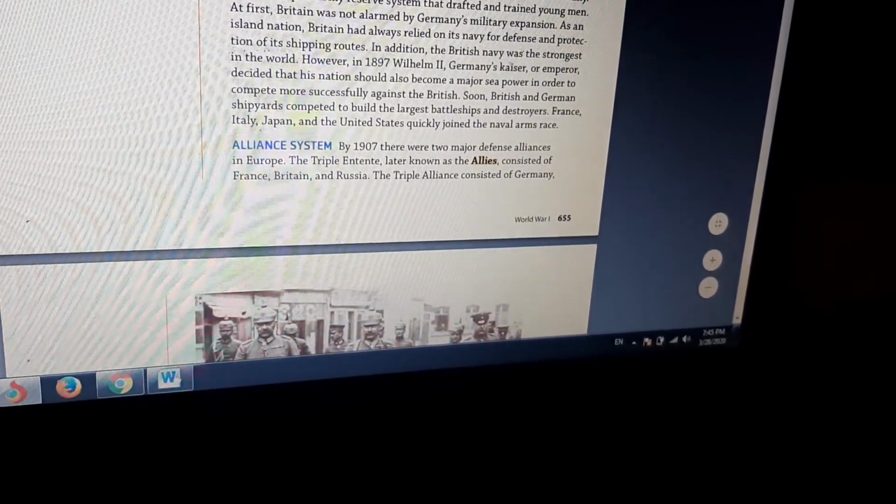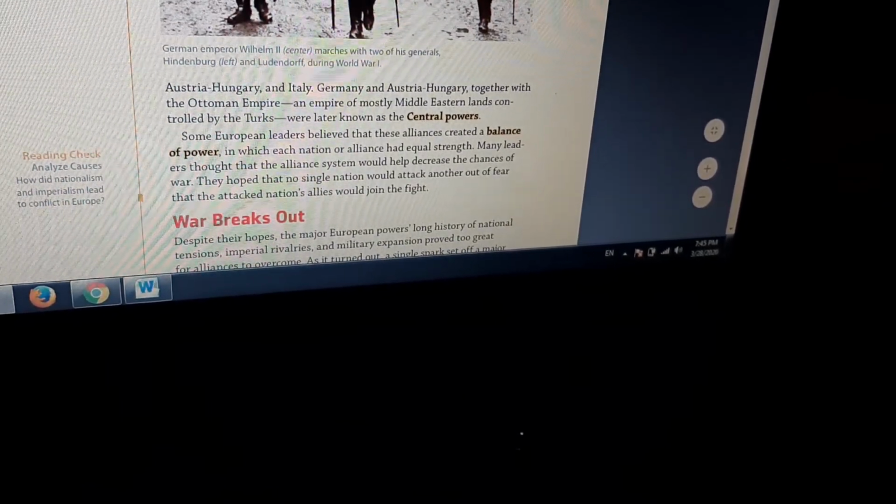The Triple Alliance consisted of Germany, Austria-Hungary, and Italy. So Germany and Austria-Hungary, together with the Ottoman Empire, an empire of mostly Middle Eastern lands controlled by the Turks, were later known as the Central Powers. So we have two groups now. We have the Allies and we have the Central Powers.